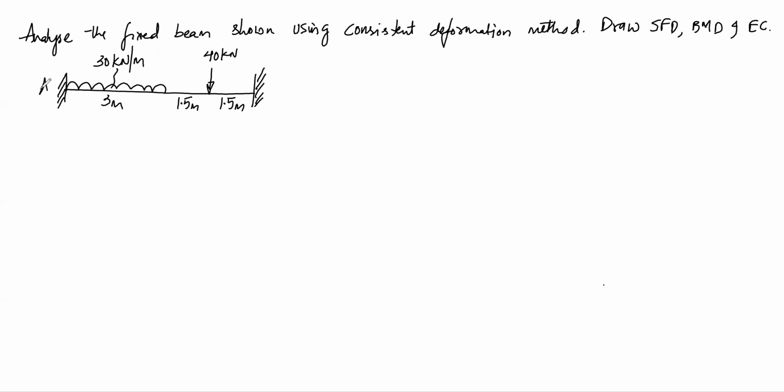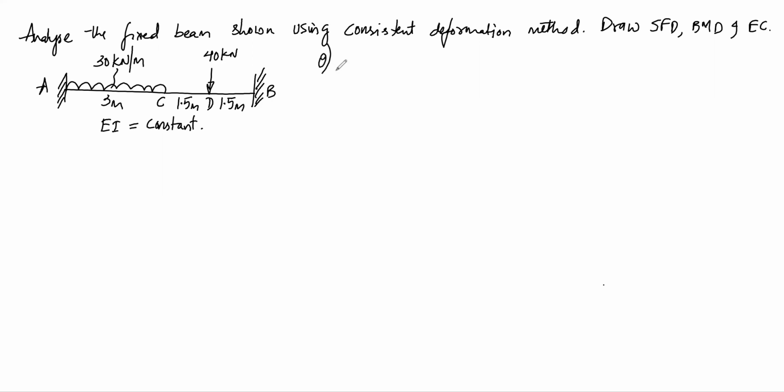So let us consider these points as A, B, C and D, and let us consider that EI is constant. So we are supposed to analyze this and draw the shear force diagram and bending moment diagram. So we know there are two consistent deformation equations that we can use.